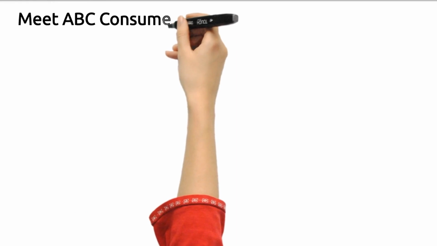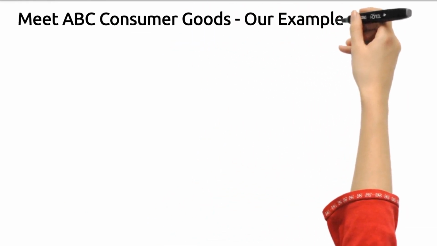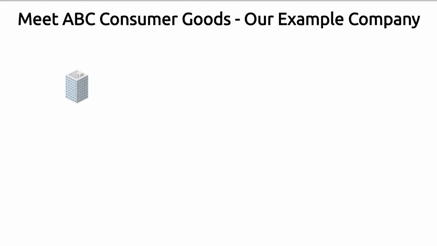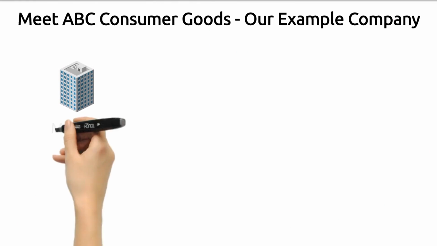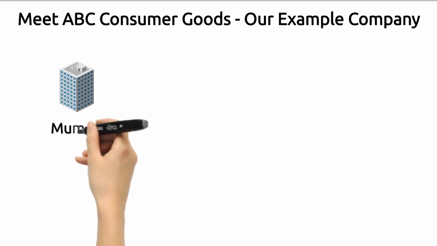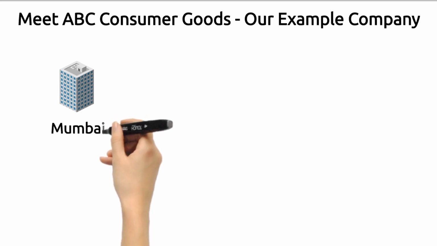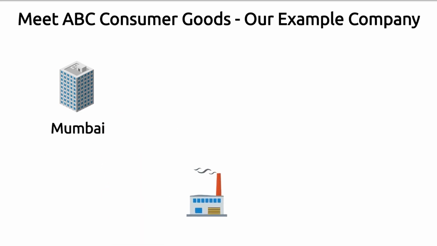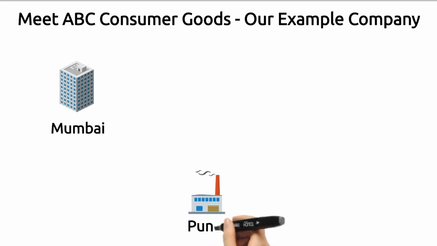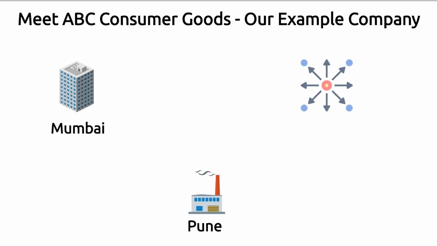Now let's make this concrete with our story company, ABC Consumer Goods Private Limited, a consumer packaged goods company based in India. They have three main locations: Mumbai, their headquarters and sales office; Pune, their primary manufacturing plant where they produce consumer goods; and Nagpur, their distribution center where finished goods are stored before shipping to retailers.